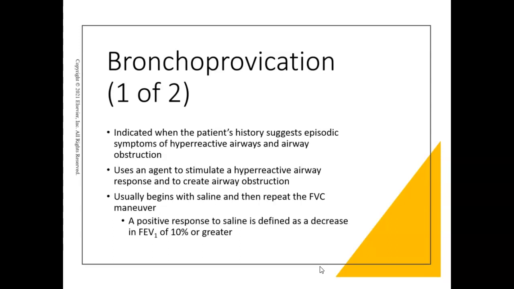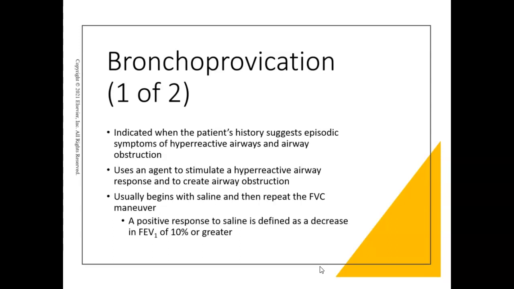So the doctor's going to sit there and scratch their head and say, I really think it's asthma. Then they might order the patient to come back and do this bronchoprovocation test, which is using an agent to stimulate essentially an asthma attack and create that airway obstruction that we can document on a PFT result and call asthma.